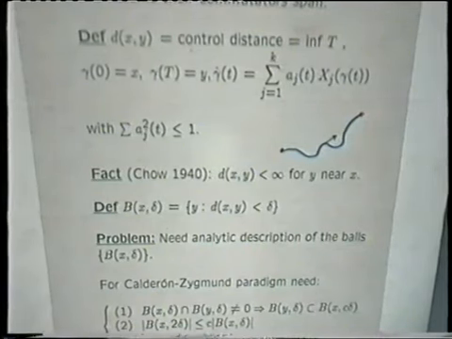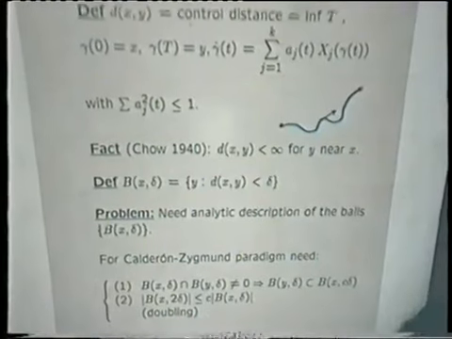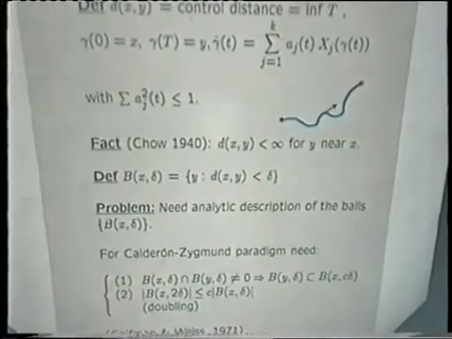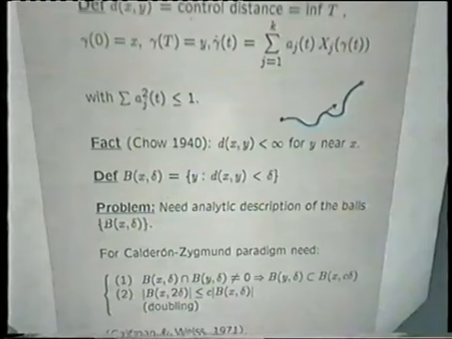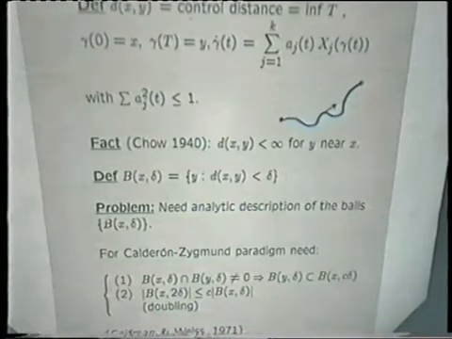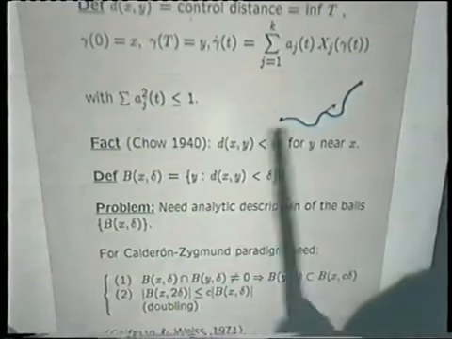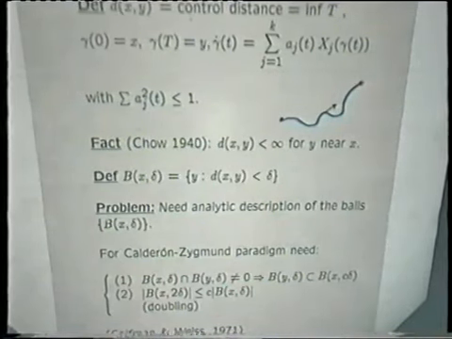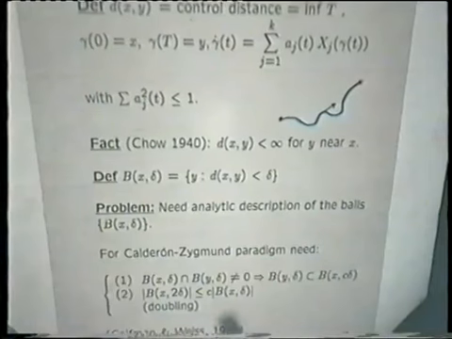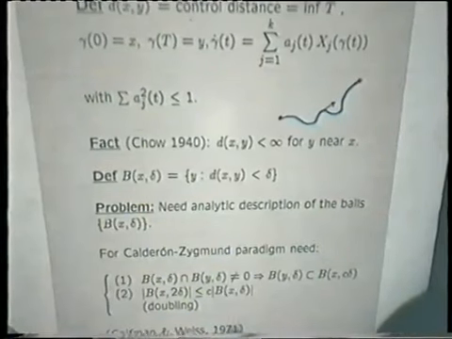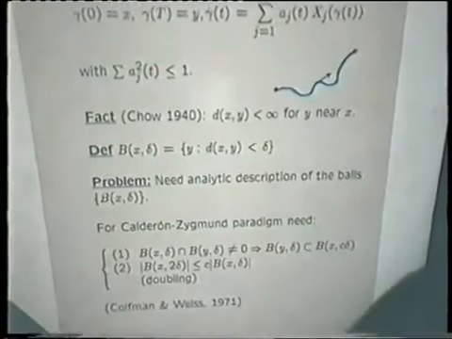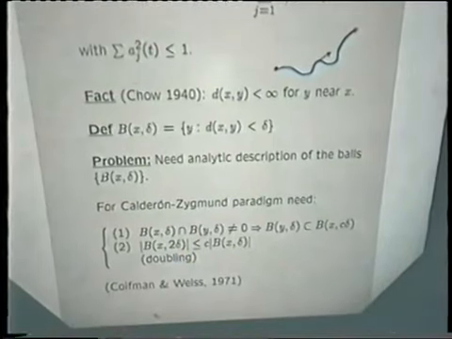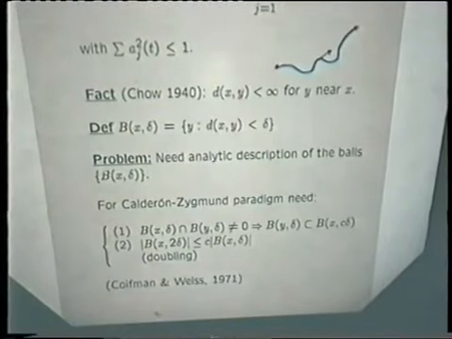Not only do we try to go along such curves, but we try to see what is the least time that is involved to go from x to y, and that's the control distance. Now, it's a pretty remarkable fact that you can go from point x to a nearby point y if that condition of commutators is satisfied. And it's a fact that I guess was known implicitly for some time, but was first proved, I think, by Chow in around 1940.